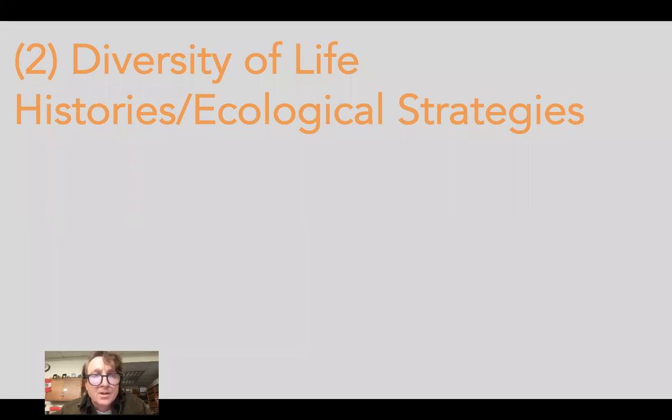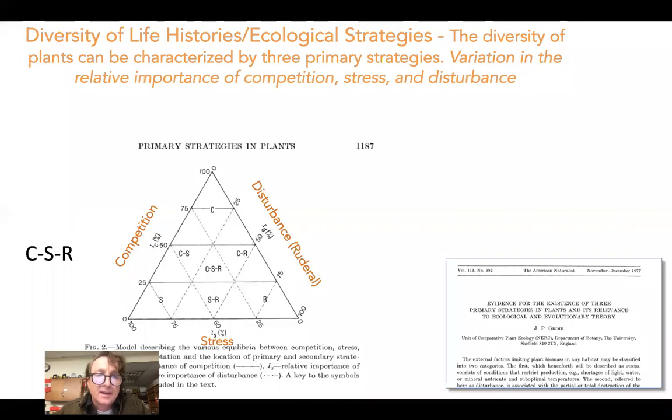The next area I want to focus on, in terms of the background of what people use trait-based ecology to look at, is something I characterize as the diversity of life histories or ecological strategies. If I were to point you to one classical plant ecology paper that focuses on this, it's another paper by Philip Grime in 1977, known as the CSR triangle.